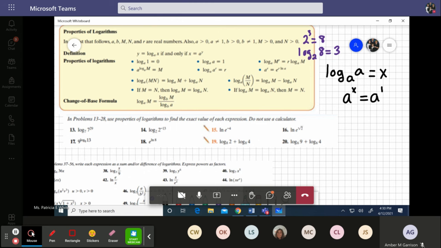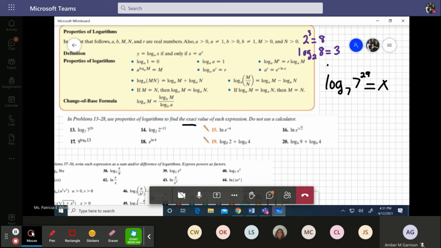Well, on 13, not 7, I'm sorry, I have log base 7 of 7 to the 29. If I set that equal to x, because I'm trying to find an exact value, I need to find out what this equals. So I'm going to set it equal to x.